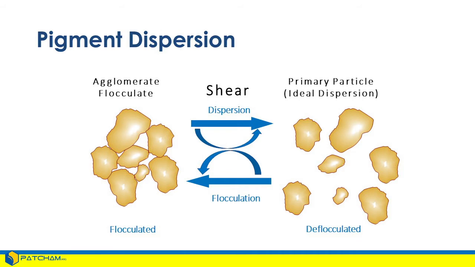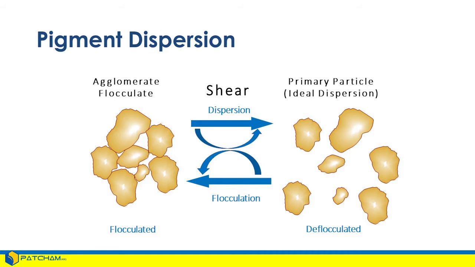And once you separate those pigment particles, if you shut off your shear and do nothing else to the system, that deflocculated system will go back in the left-handed direction and flocculate, because the flocculated state is the lower energy state. Every system is always trying to reach the lower energy state.